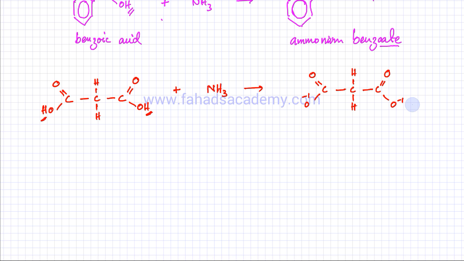So there's going to be an NH4 plus ion on this side, and there's going to be another NH4 plus ion on this side. So that would be my ammonium salt that would be produced. I'm going to replace the hydrogen ions with the ammonium ions. So that's how all salts of carboxylic acids are going to be produced. So this is the last reaction. Ammonia plus a carboxylic acid is going to give you an ammonium salt.